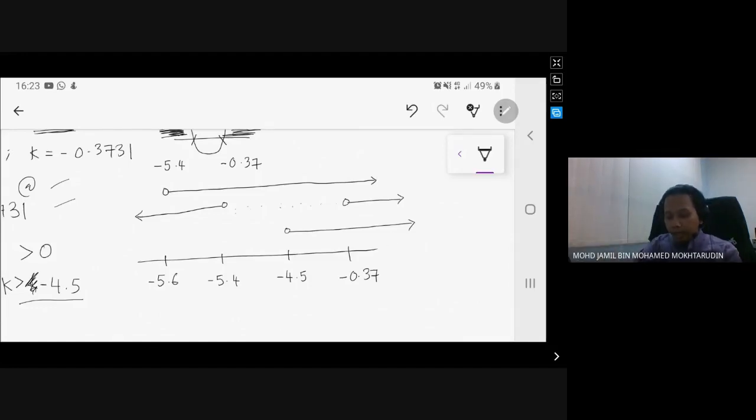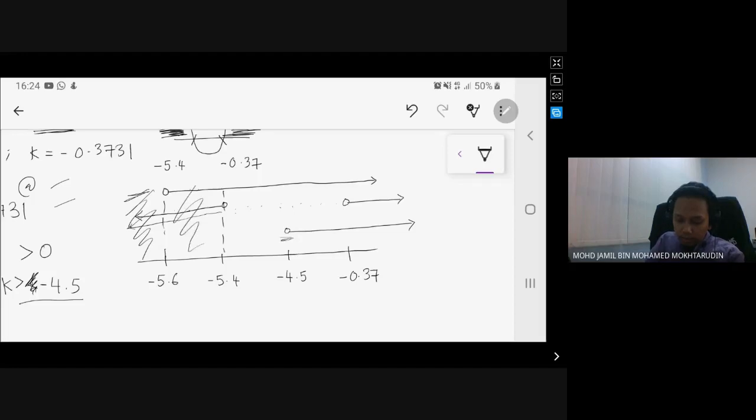And now you look at which range has the most intersections of the lines. So here, for this range here, only this line is intersected, okay? So this is not the range. And then this range here, between minus 5.6 and minus 5.4, only two lines intersected, but not this line.